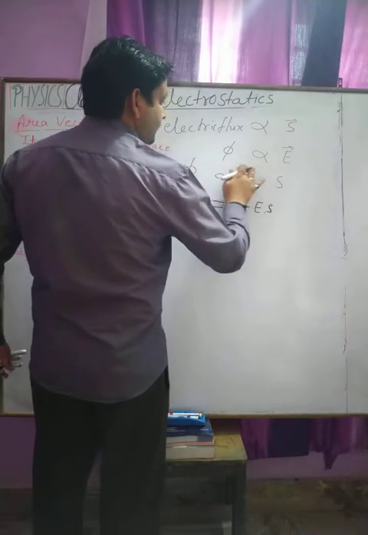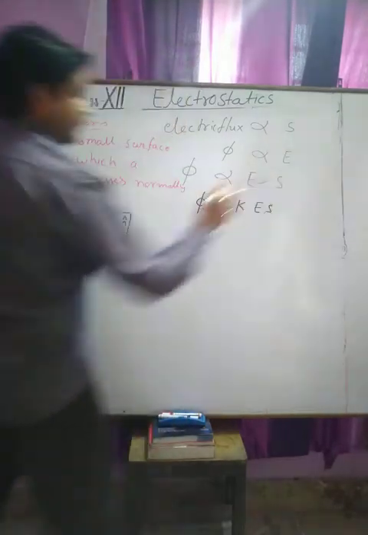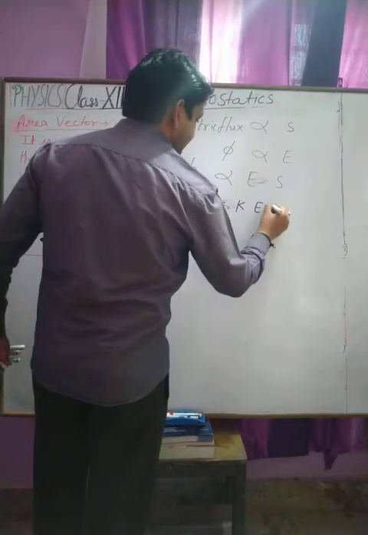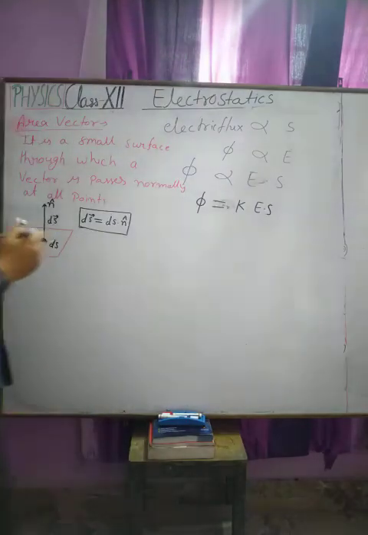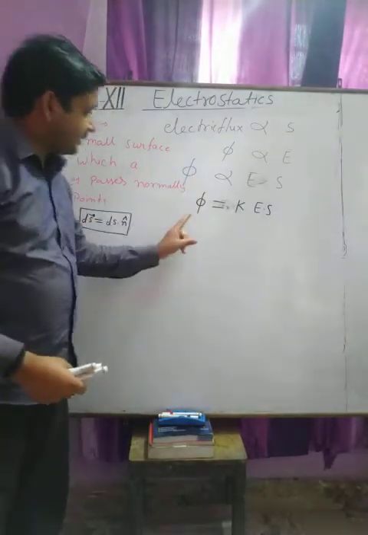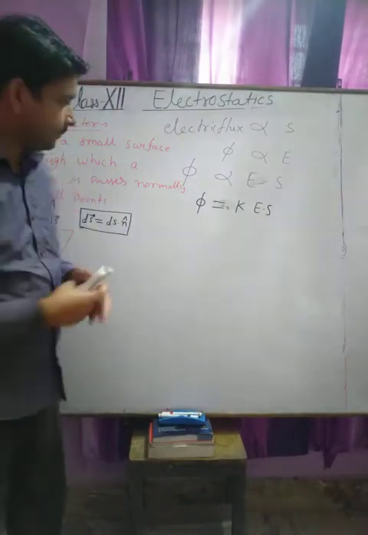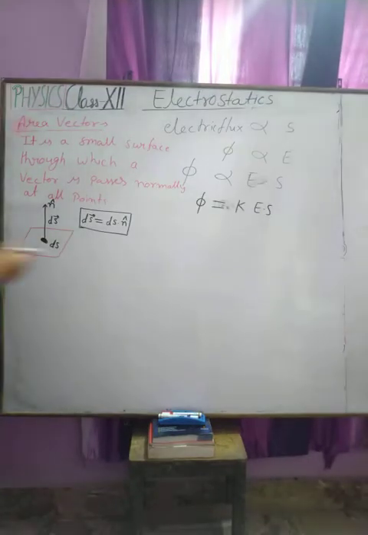First we eliminate this vector sign here, so we get E dot ds. Now in our study this flux comes first, so we can define electric flux.